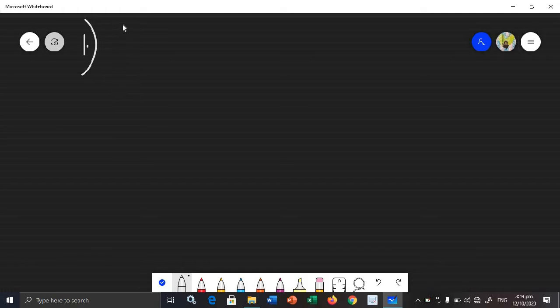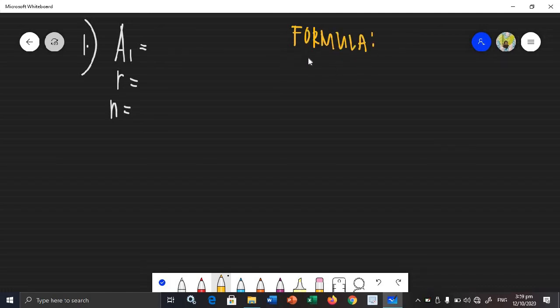The first one is the a sub 1. The second one is your common ratio. And the third one is your n, which is the number of the term na hinahanap mo. And I'm going to write the formula here para di natin makalimutan. So the formula is a sub n is equal to a sub 1 r raised to n minus 1.